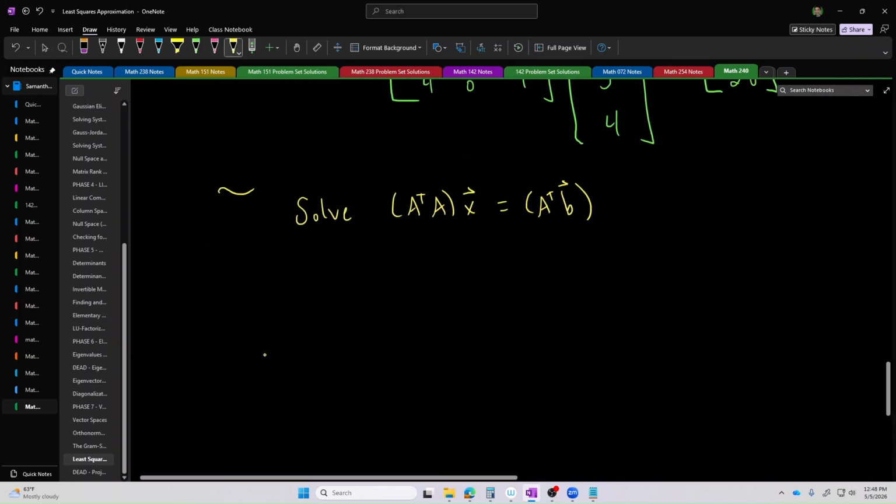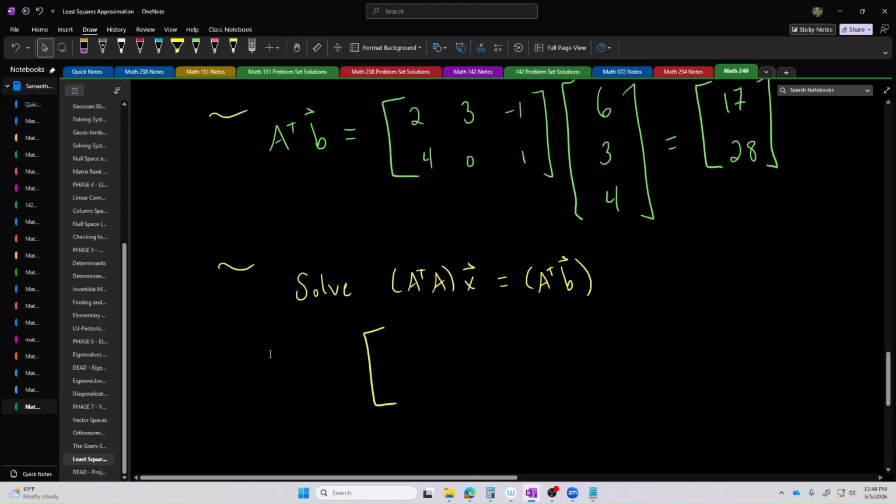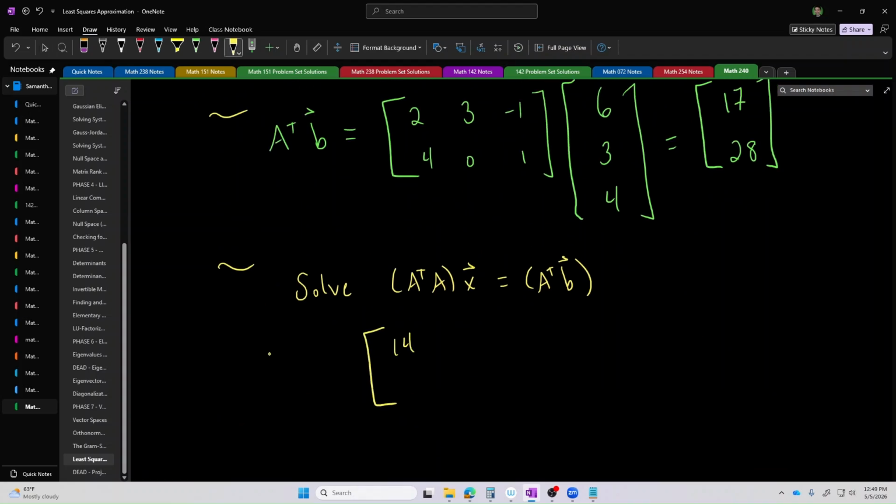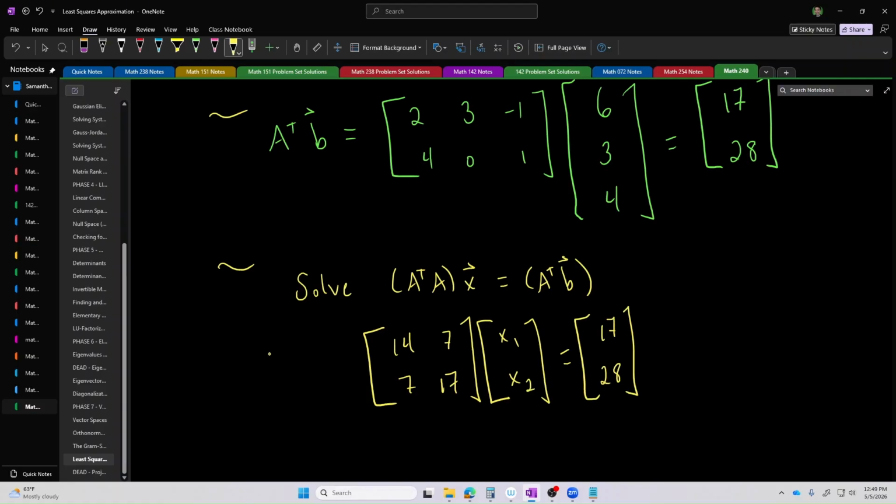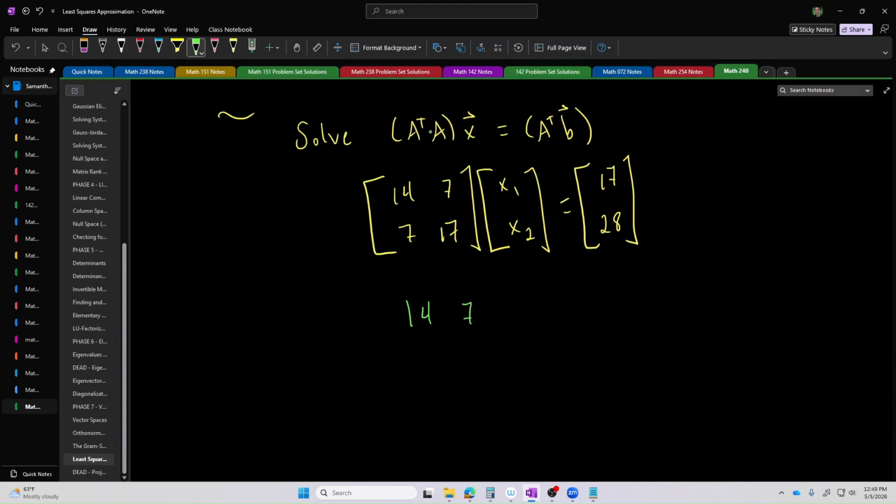So on the left-hand side, the modified matrix 14, 7, 7, and 17. I want to multiply that by some matrix X, and in that process produce this modified output 17, 28. Just as before, we can solve this equation using row reduction.